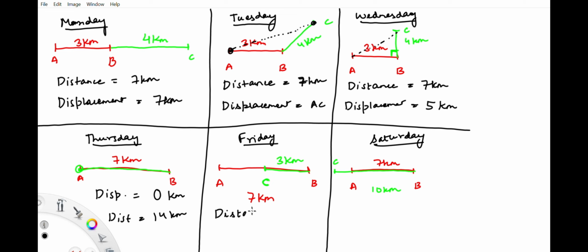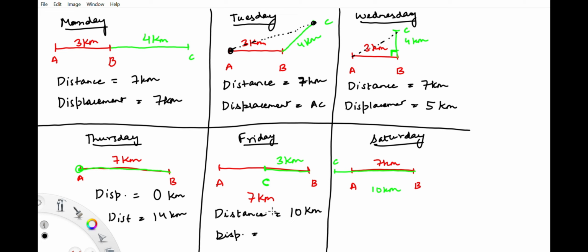Let us calculate the distance and displacement in case of Friday. Now the person travels from point A to B and reverses back to point C. So he covers a distance of 7 kilometer plus 3 kilometer. So I add both these values together and I get this.